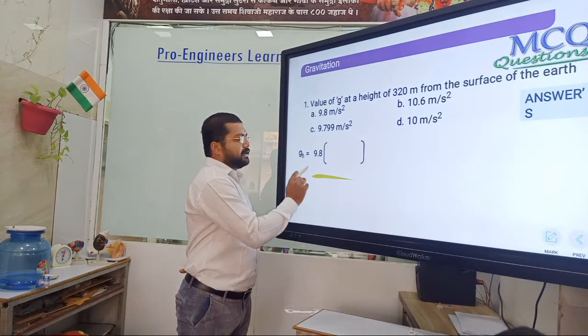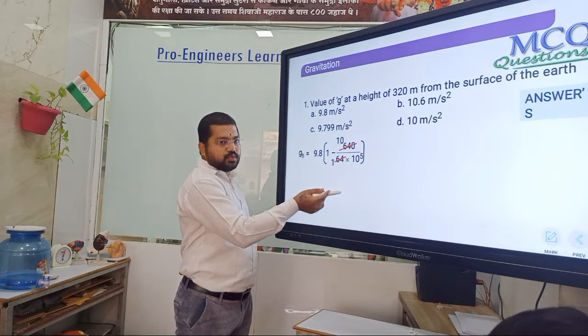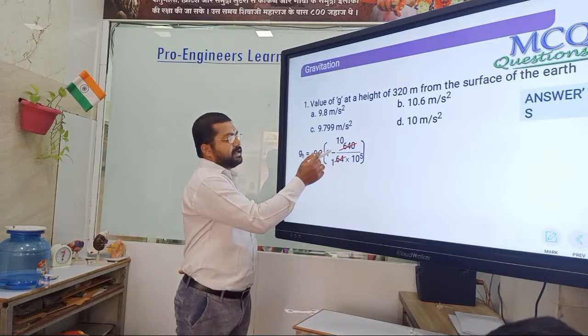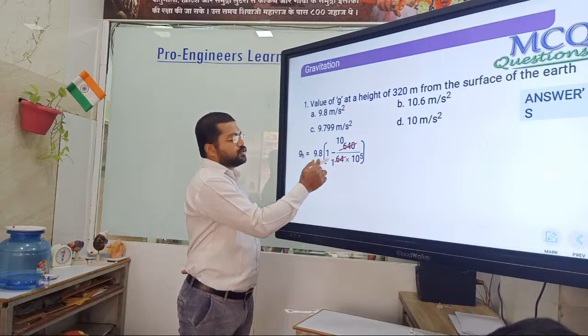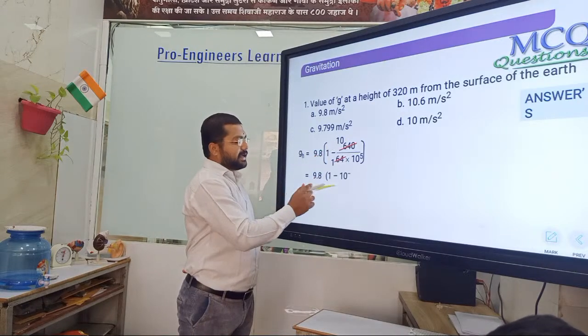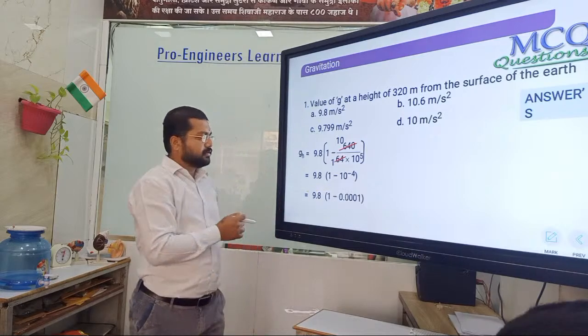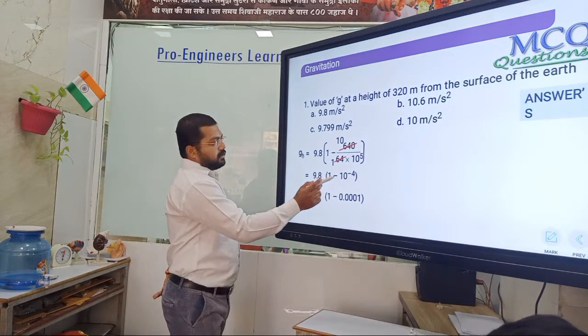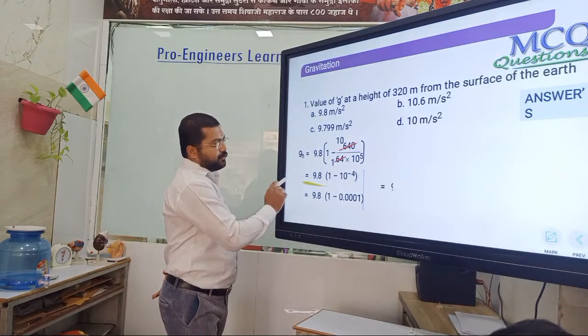So calculate that and find out the answer. Multiplying it with 2, 320 became 640. Once it gets multiplied with 2, 64 and 640 get cancelled. So answer is 10 raised to minus 4.